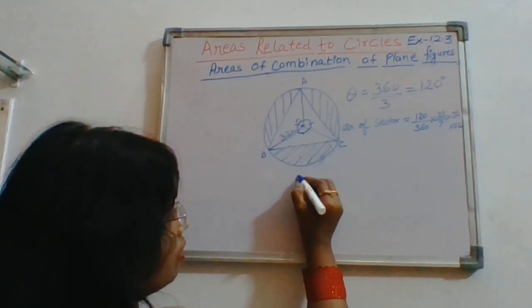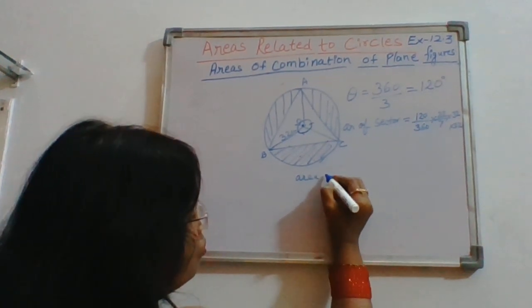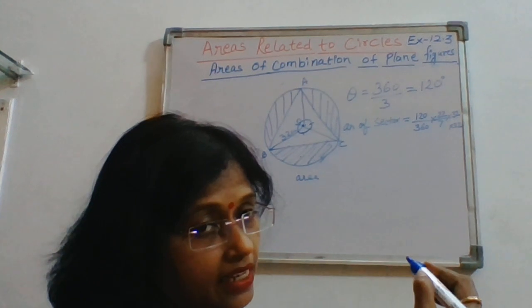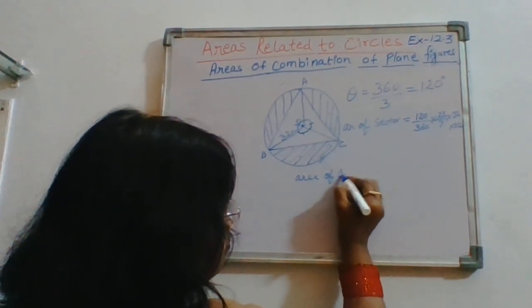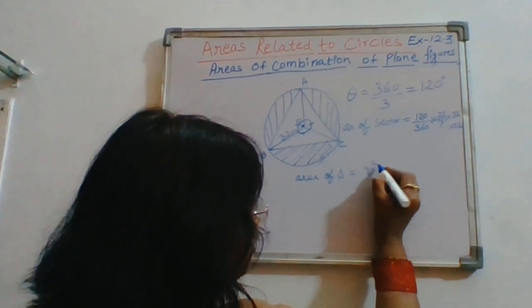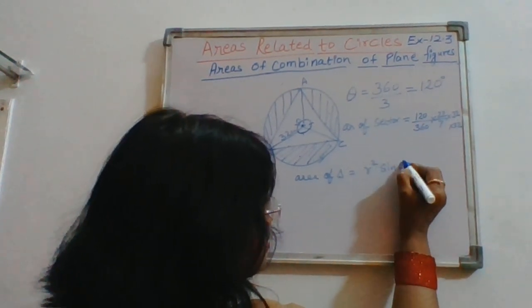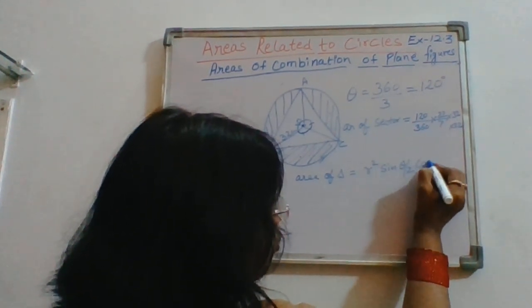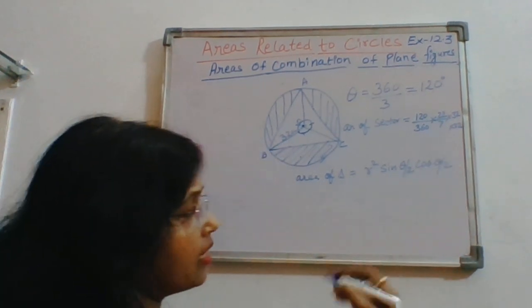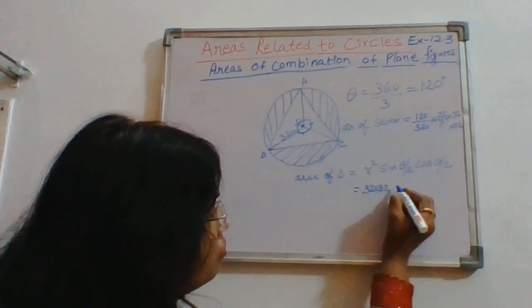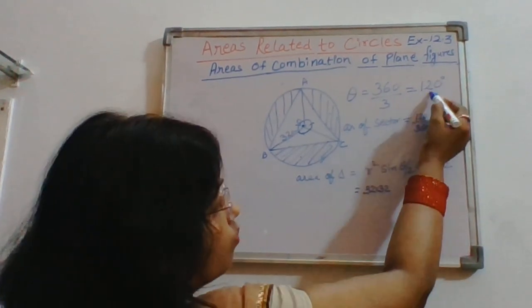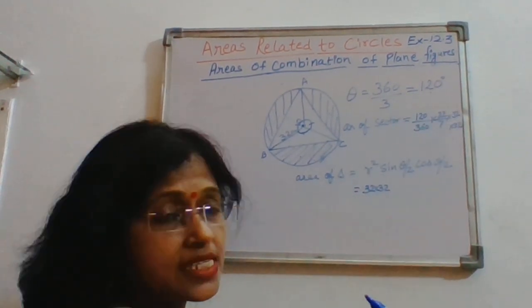And what about the area of the triangle? I've told you, when the central angle is greater than 90 degree, the formula which we can apply is area of triangle will be equal to r square sin theta by 2 cos theta by 2. And radius is 32, 32 into 32, and theta is how much? 120. 120 by 2 is 60 degree.